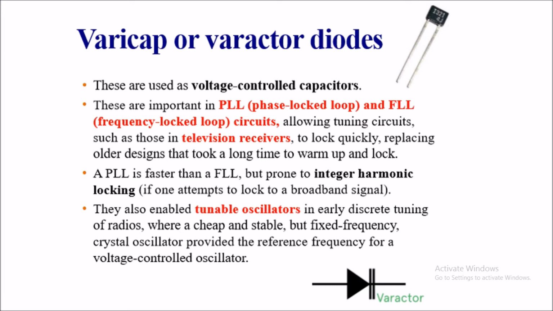Early discrete tuning of radios was cheap and stable, but a fixed frequency crystal oscillator provided the reference frequency for all voltage controlled oscillators. And this is simple, like the capacitor, and connecting in circuits we have two pins.